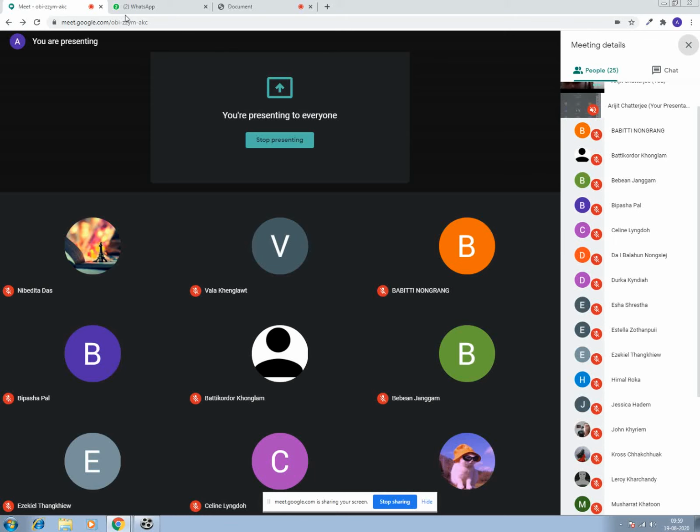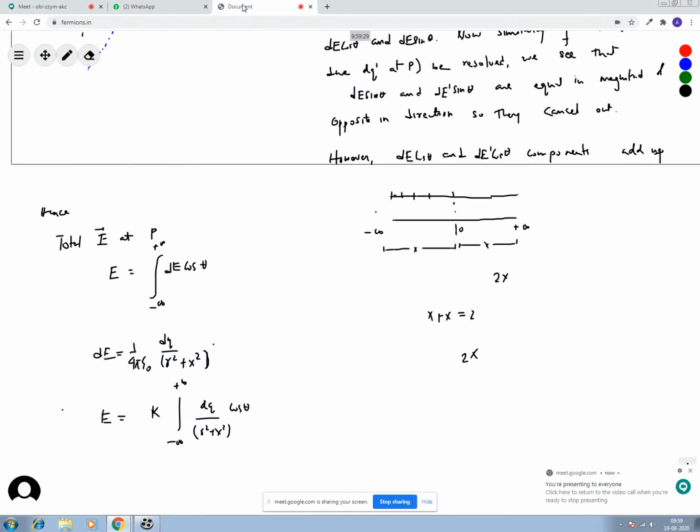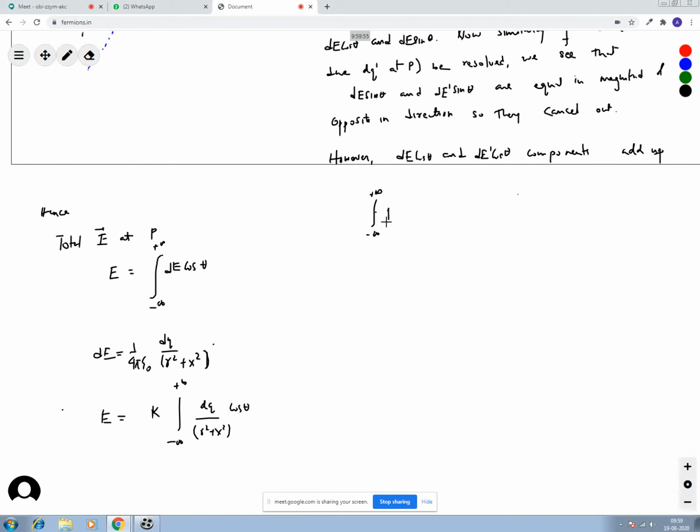So based on this concept, for the integral from minus infinity to plus infinity, there is a principle that the integral of f of x dx from minus infinity to plus infinity can be written as 2 times the integral from 0 to infinity of f of x dx.